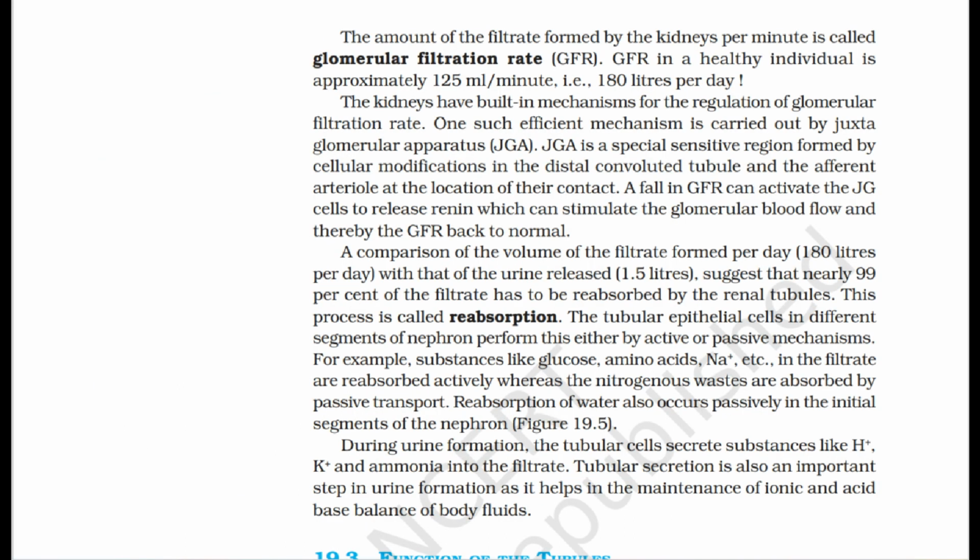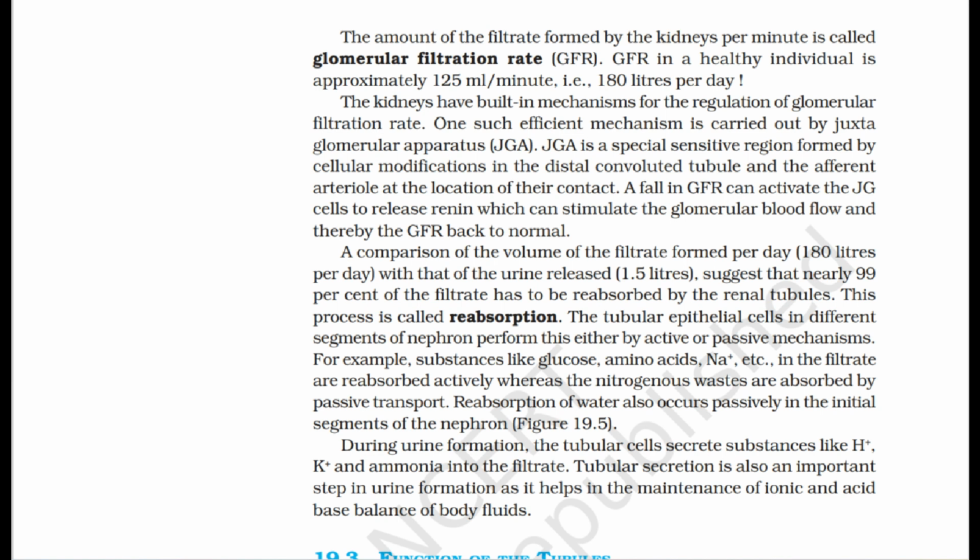The amount of the filtrate formed by the kidneys per minute is called glomerular filtration rate, GFR. GFR in a healthy individual is approximately 125 milliliters per minute, that is, 180 liters per day. The kidneys have built-in mechanisms for the regulation of glomerular filtration rate.